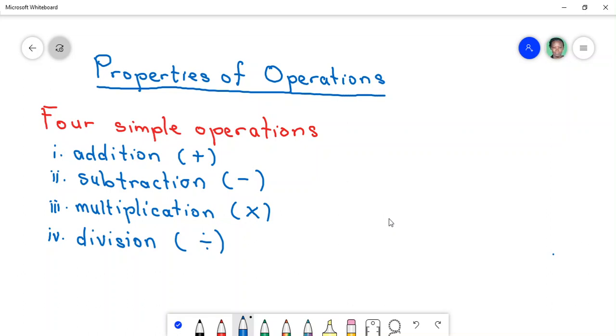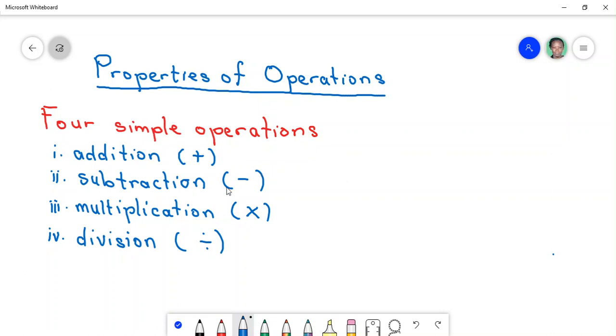This lesson is for junior high school. In our lesson today, we are looking at properties of operations. For operations, we have seen them from class 1, that is basic 1, to basic 6. We have been working with these basic operations. That is the addition, where you add up things.